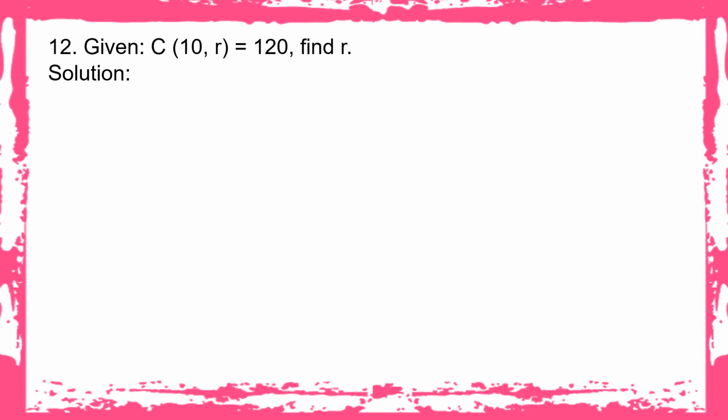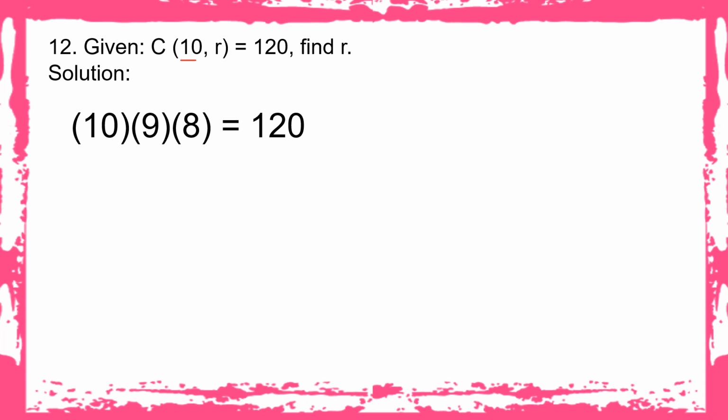So we should start at the value of n, which is 10. Then, by trial and error, we will list down the numbers starting from 10 and give the next numbers lower than 10, which are 9 and 8.